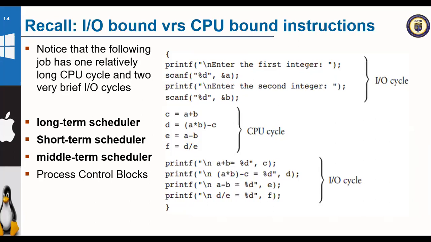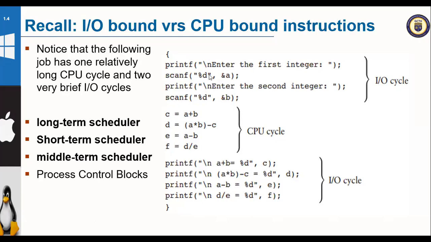This is a simple C program to demonstrate what we mean when we say IO and CPU. This program has 3 sessions. The first session, which is an IO session or cycle, is simply some printf statement that is displaying text on the screen, and scanf that is accepting input from the keyboard.